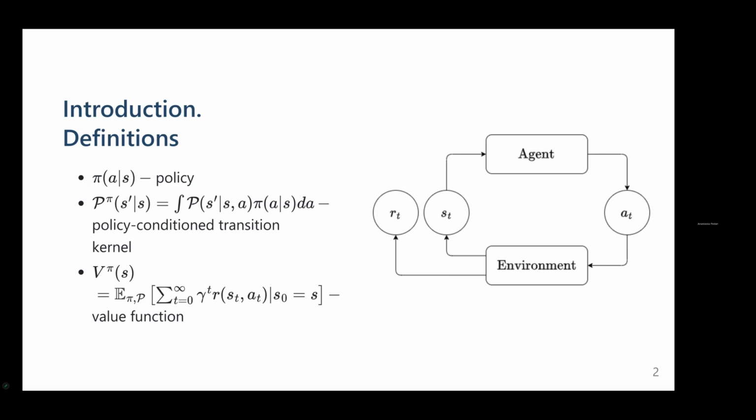Then the policy conditioned transition kernel is analogous to the previous transition kernel, but we integrate over the actions, so it accounts for the policy, and we'll keep on using the symbol further in the presentation because we don't care for actions that much, and this allows us to do that. And then the value function under a policy is giving us the expected discounted reward given the starting state. And that's it for the definitions.